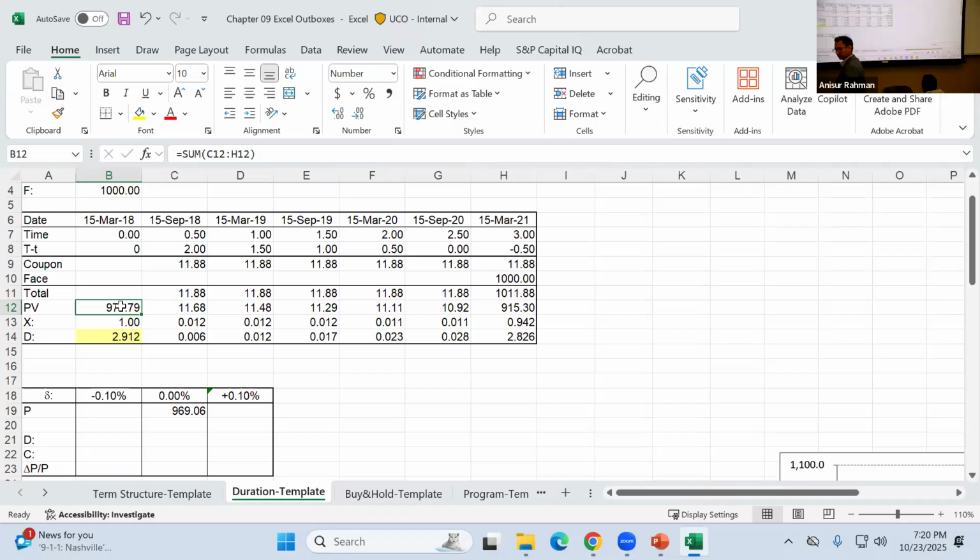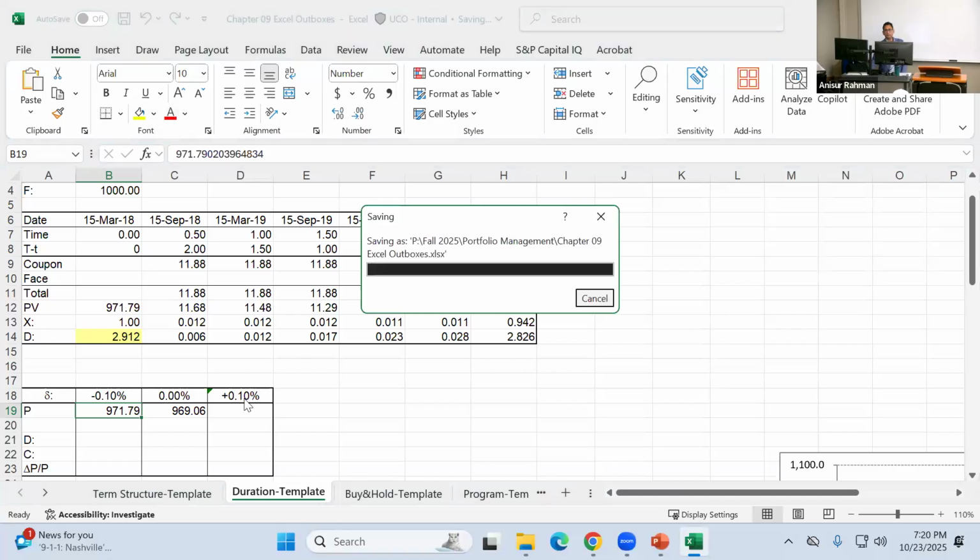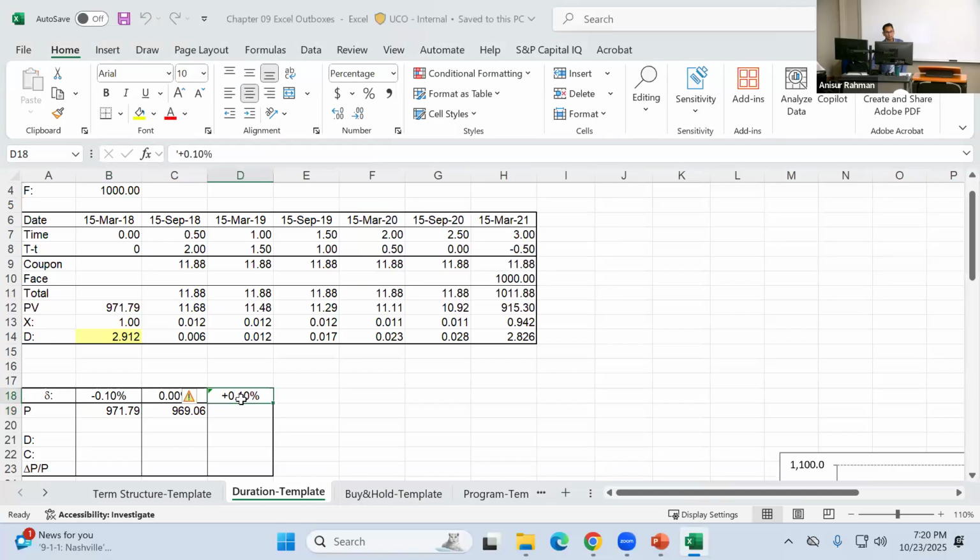Is that going good? Okay. That's just 1%. Now, I'm going to copy this, paste here as values. We will do the same thing with positive 0.1%. Make sure you're getting the same prices.